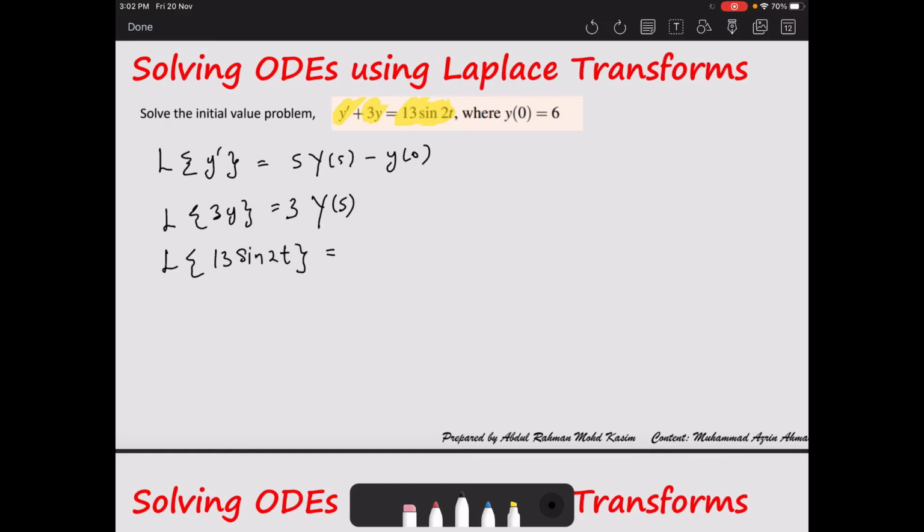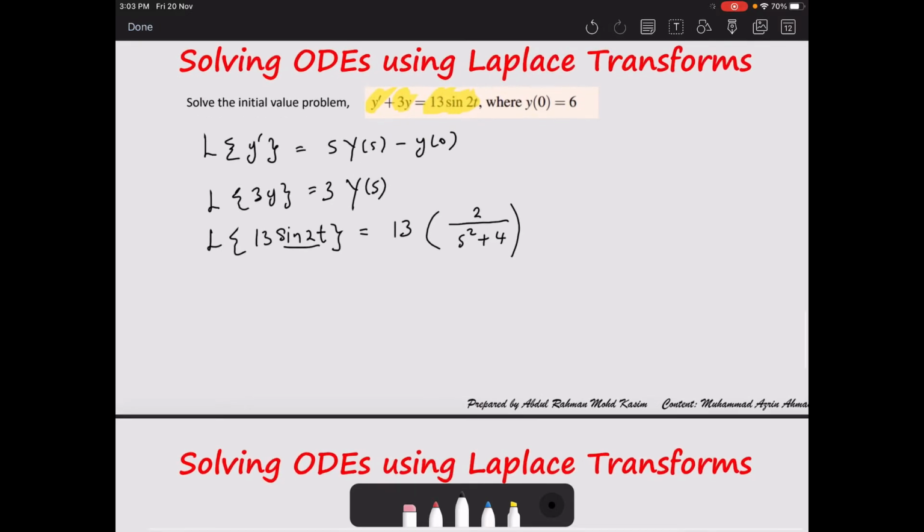What you will get is 13 and the sine. You may refer to the table. The table tells you that when you Laplace sin 2t, you will have 2 over s squared plus 2 squared, which is equal to 4. Right, so these are the three elements that you have already transformed.